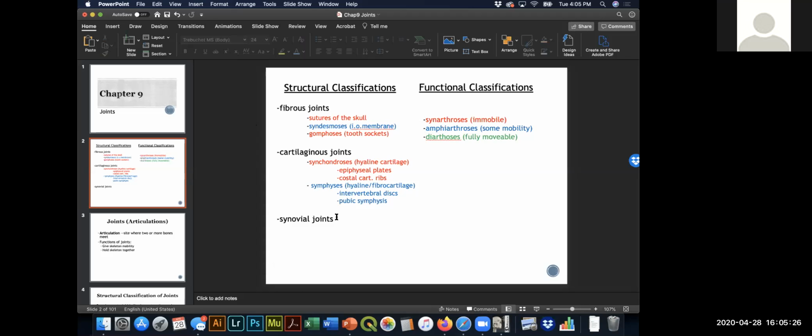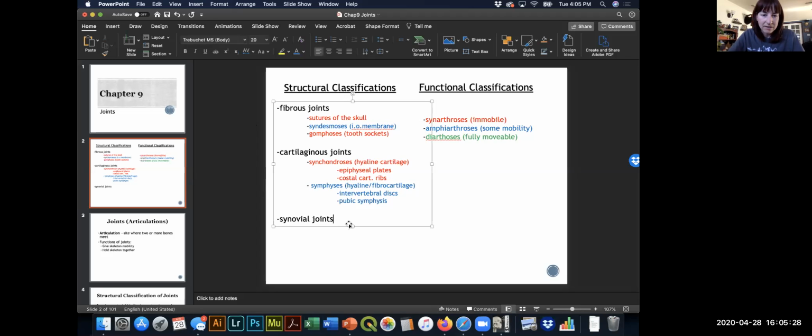No problem. And then synovial joints is where you thought you were okay, and then you get to synovial joints and you realize that there's a ton of synovial joint material that you need to know, right? So first off, you need to know that there are 6 different parts that all synovial joints have. They all have a synovial cavity in between the 2 bones, and the ends of those bones each have articular cartilage.